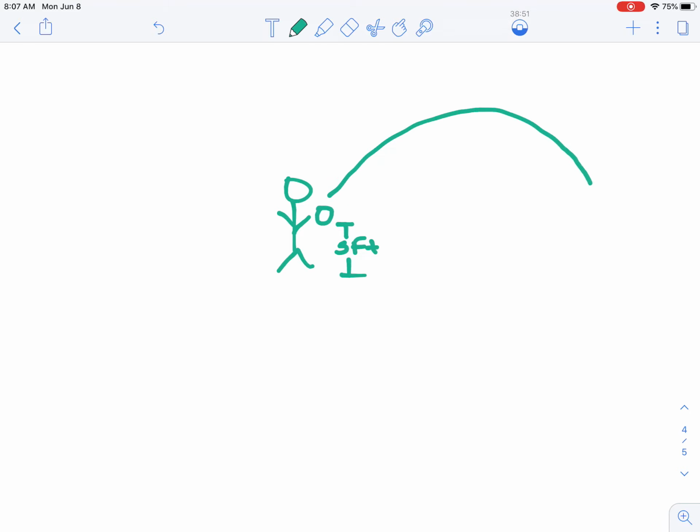Okay, so we have that Kyla is holding the baseball at 5 feet off the ground, right? And she's going to throw this. It's going to go up and come back down. At some point, it will hit the ground, okay?